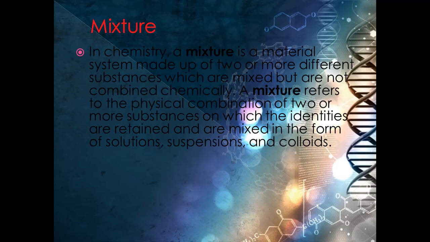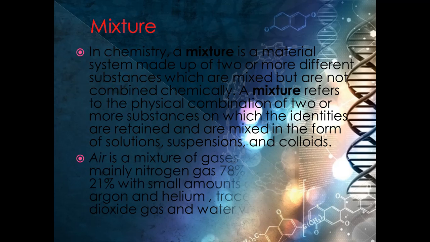Then mixture. In chemistry, a mixture is a material system made up of two or more different substances which are mixed but are not combined chemically. So when you make a mixture, it means no chemical reaction takes place; only physically you combine the things together. A mixture refers to the physical combination of two or more substances in which the identities are retained, mixed in the form of solutions, suspensions and colloids.